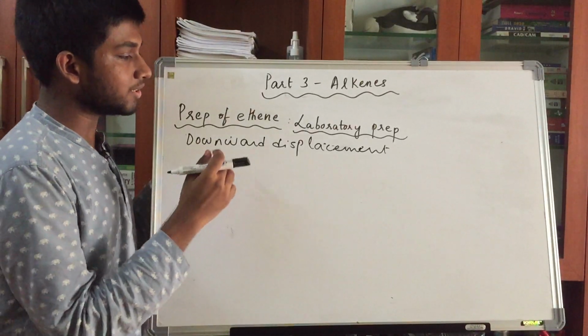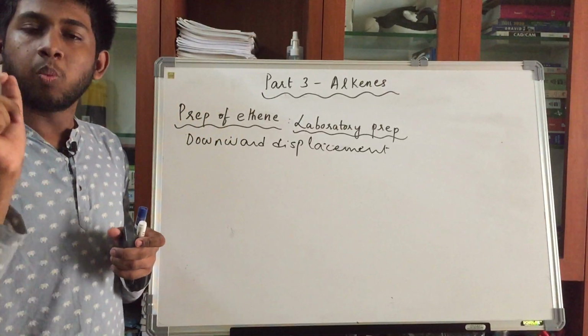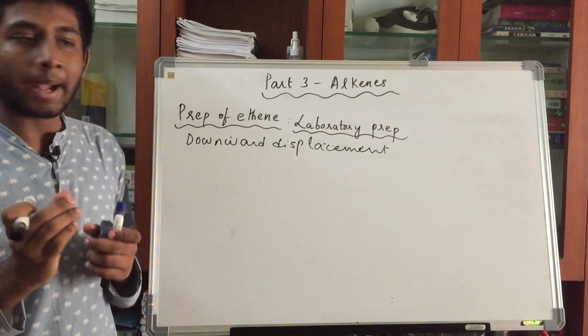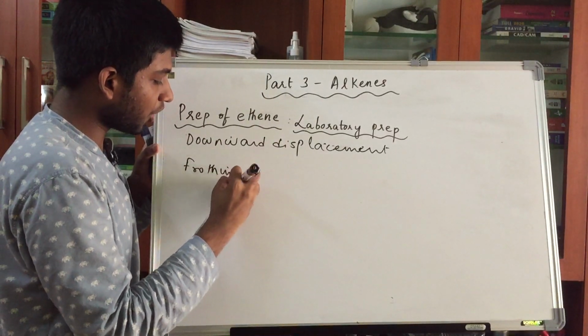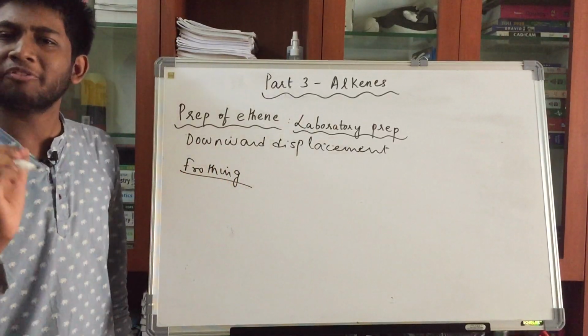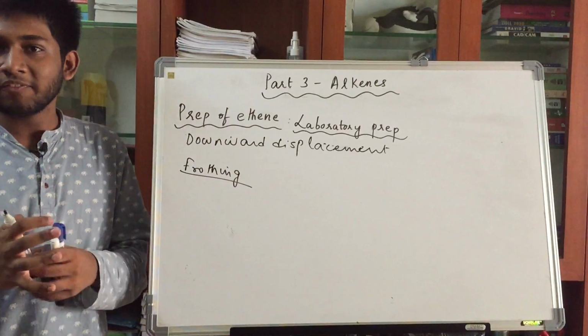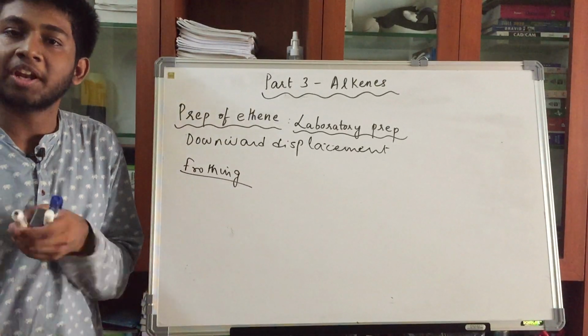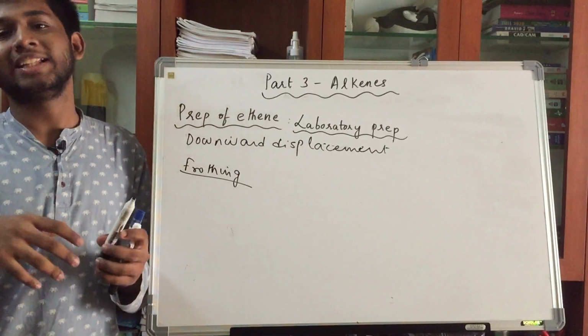Next, while obtaining the gas, one phenomenon can happen, and this is known as frothing. What do you mean by frothing? In layman's words, when you take soap and dip it in water and rub the soap, you get a foam kind of thing, and this formation of foam is nothing but frothing.